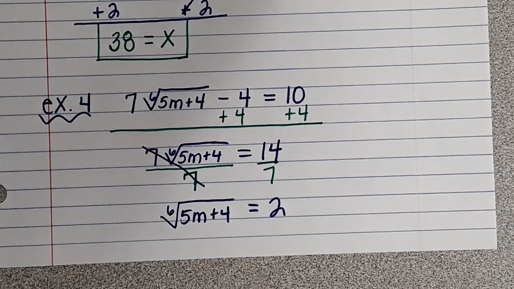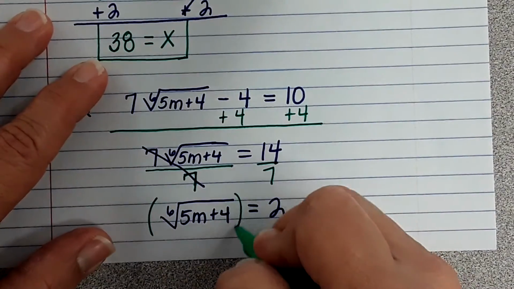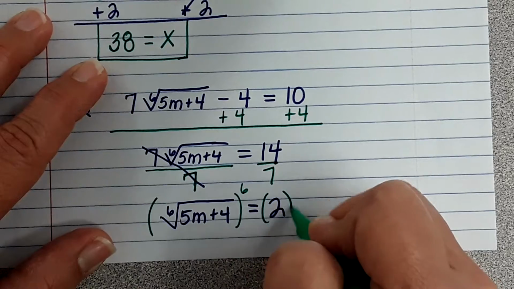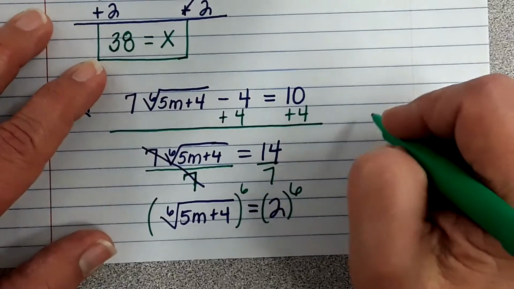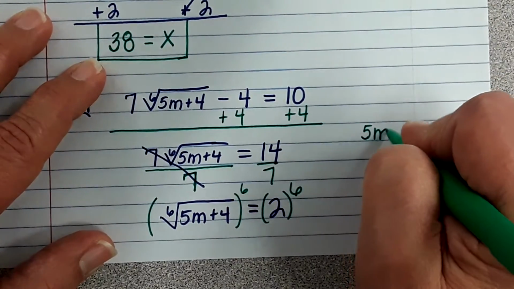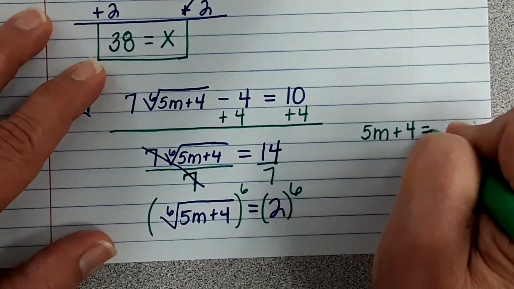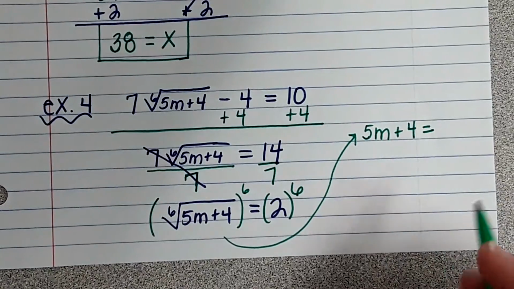Okay. Now what do you think I'm going to do? The index is 6, so we're going to raise each side to the 6th power. You guys, what is 2 to the 6th power? 64.